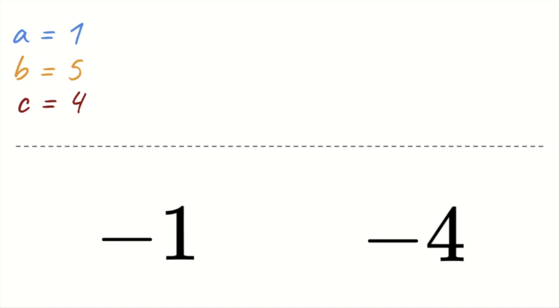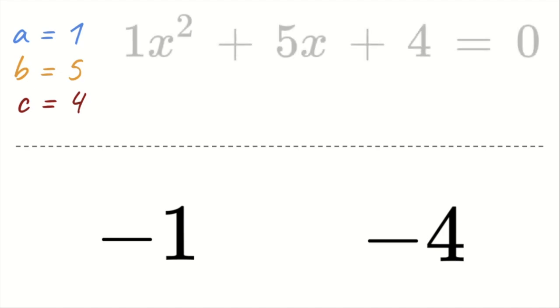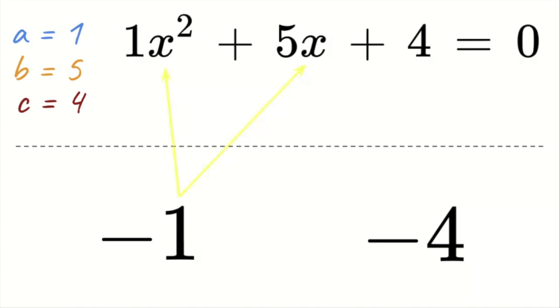Now these 2 values are the 2 solutions for the original equation, which means that we should be able to change the variable x, that missing number, to either -1 or -4 and come up with a true statement in the end.